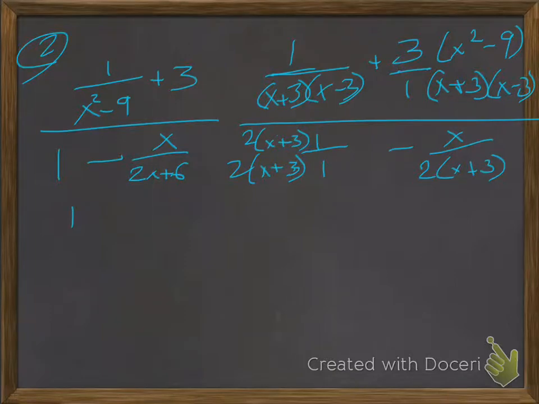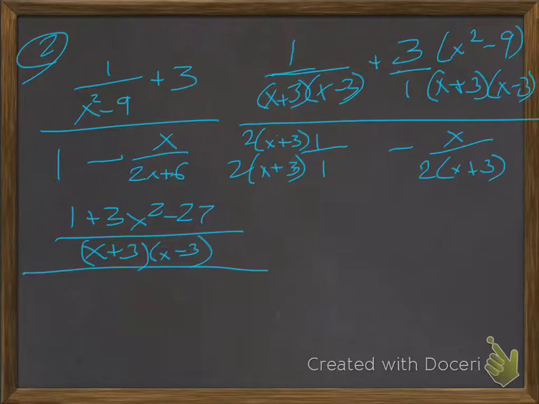So I get 1 plus 3x squared minus 27 over x plus 3 times x minus 3, and that's being divided by 2x plus 6 minus x over 2 times x plus 3.